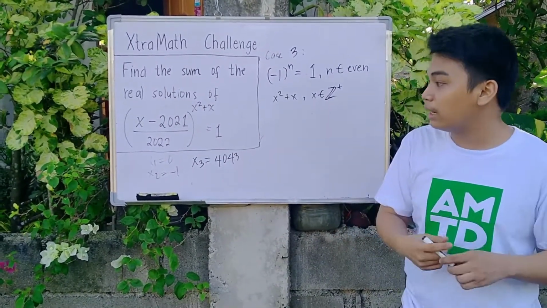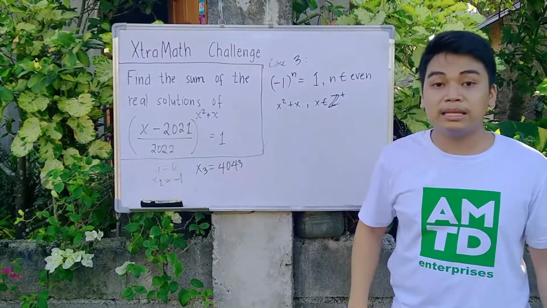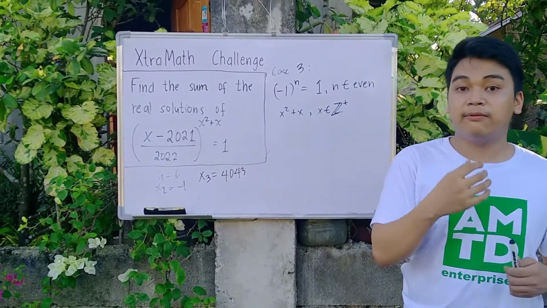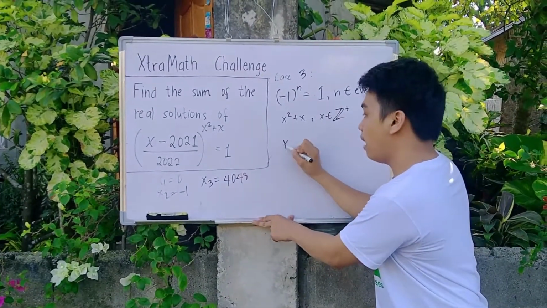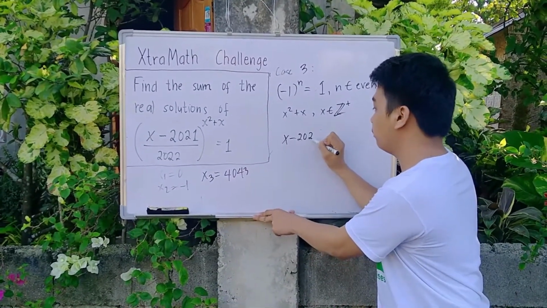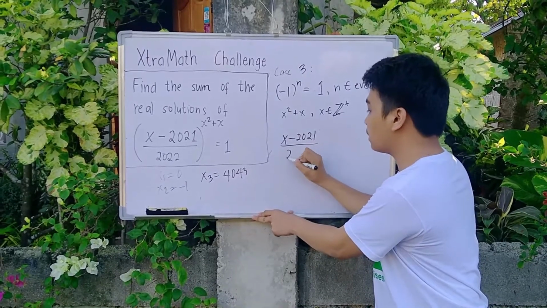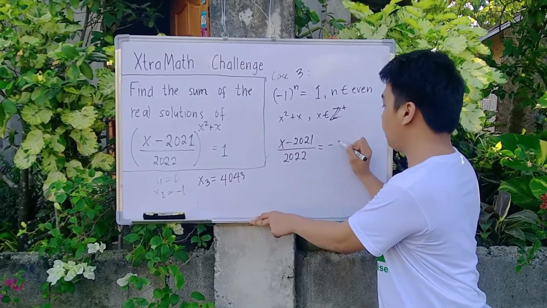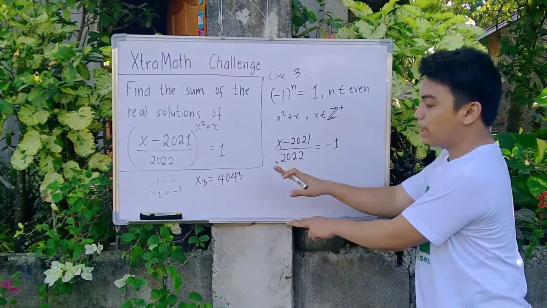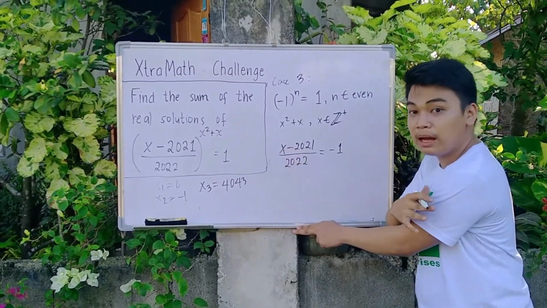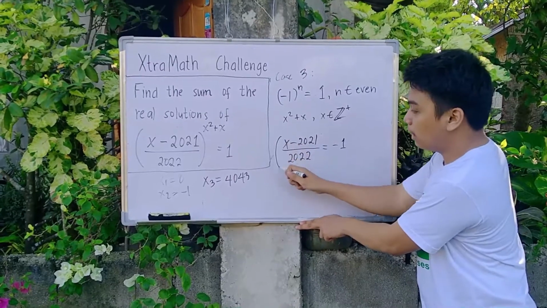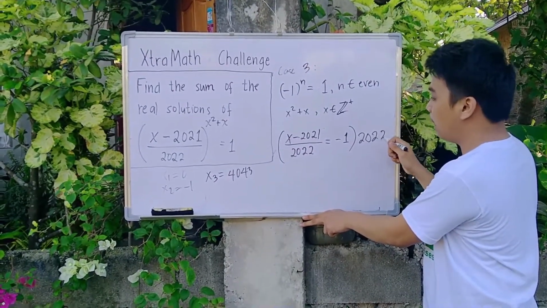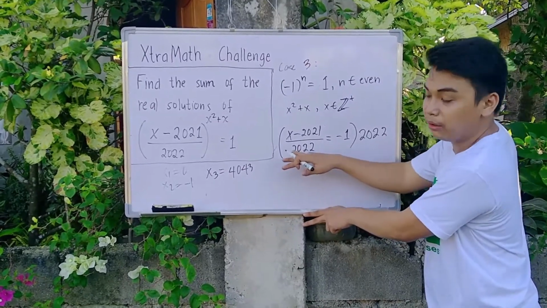So, yung gagawin na lang natin is, equate natin yung base natin to -1. So, we have x minus 2021 over 2022 is equal to -1. And para ma-solve natin yung x, multiply natin both sides by 2022 para matanggal yung 2022 dito.